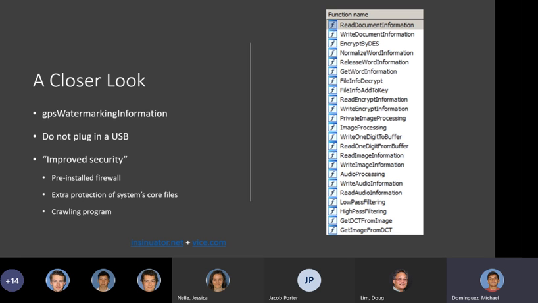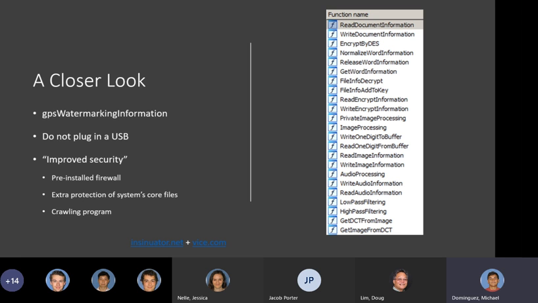Over here, you can see other interesting names that they found in the binaries of the OS. We also had the installed firewall, extra protection for the system files, and then a crawling program.